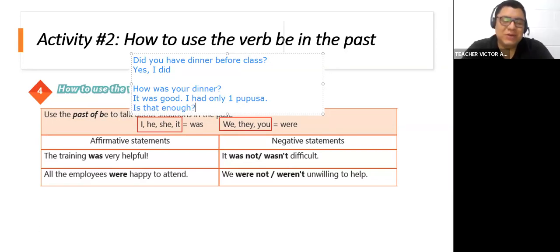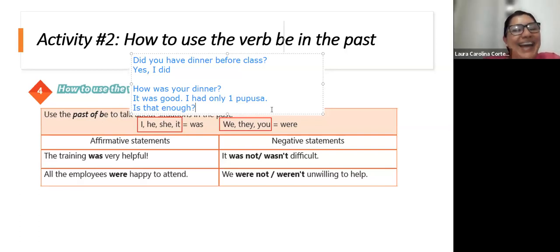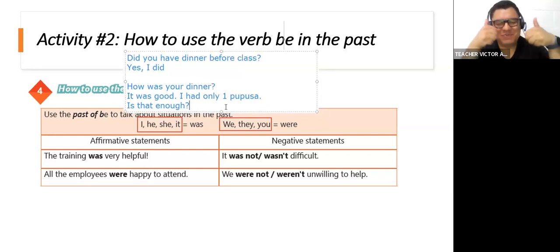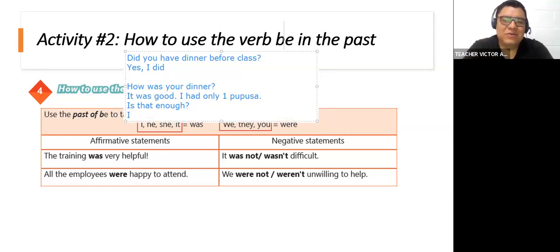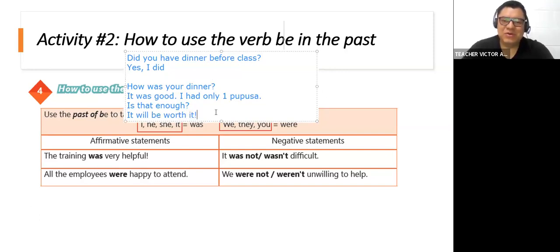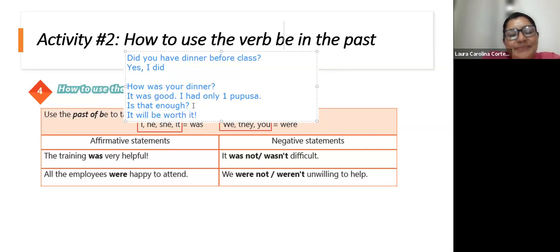Ah, okay, you need to lose weight. Okay, I understand. For me, one pupusa is not enough. I want more pupusa, but it's my sacrifice. You did your sacrifice. Great sacrifice. It will be worth it, right? I will write here: it will be worth it. Valdrá la pena. I'm sure. It will be worth it. Yes.